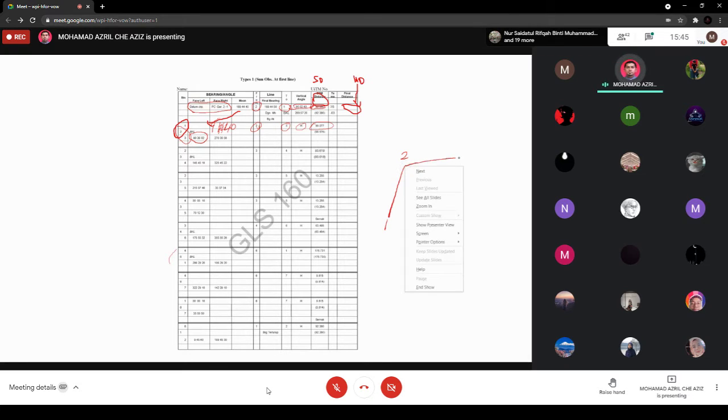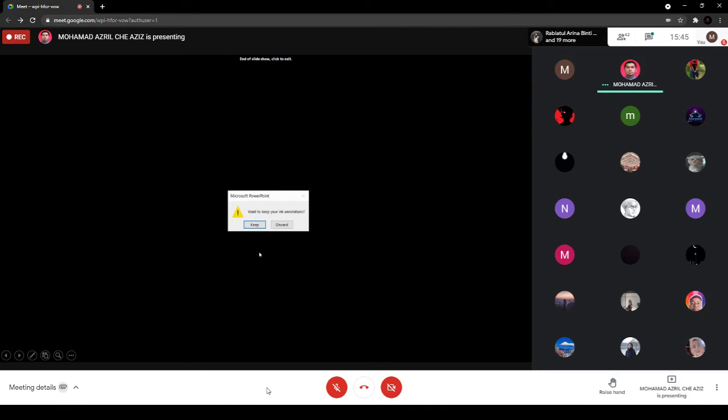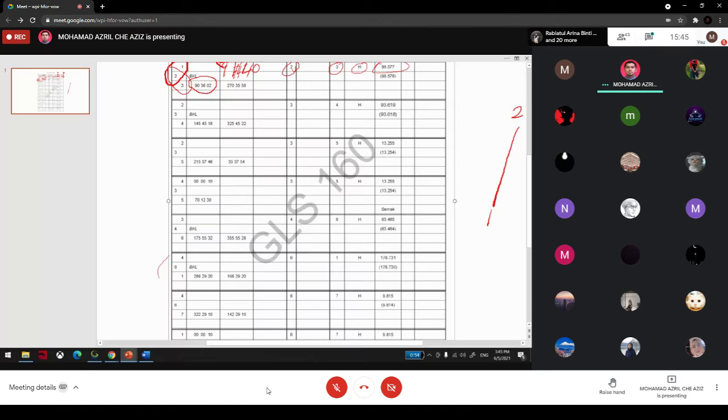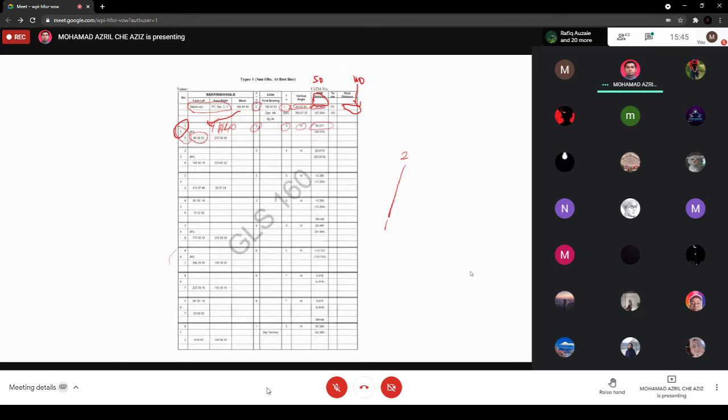Face left 90 degrees, about like this. Okay, station number 3. 2 to 1 you set, then 2 to 3 you observe.